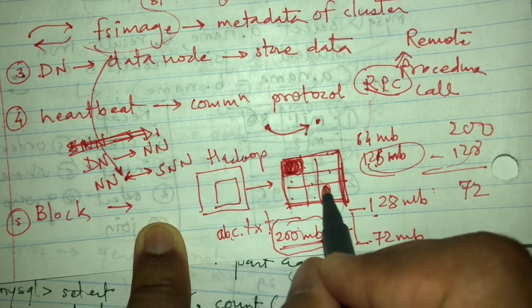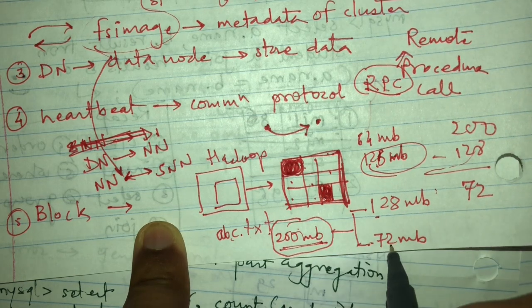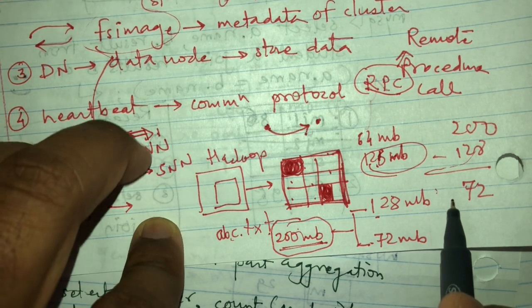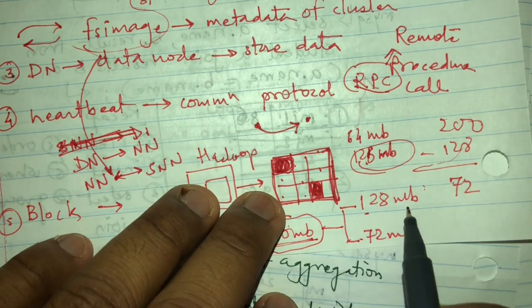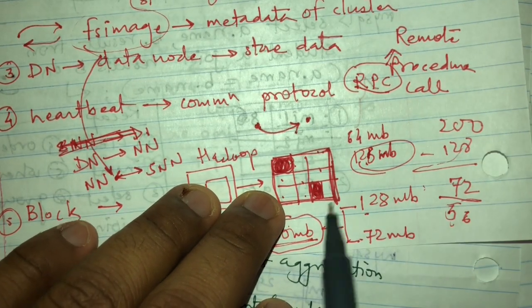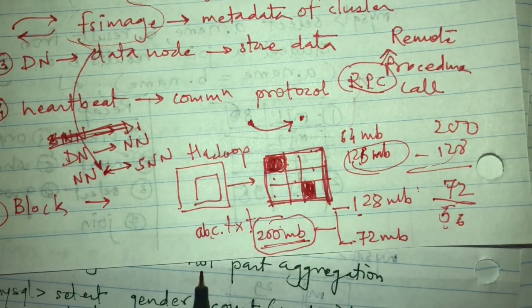But you don't take the entire block, you store only 72 MB of data. That means you still have some storage available, exactly 56 MB. So 56 MB is unused, but 72 MB is used.